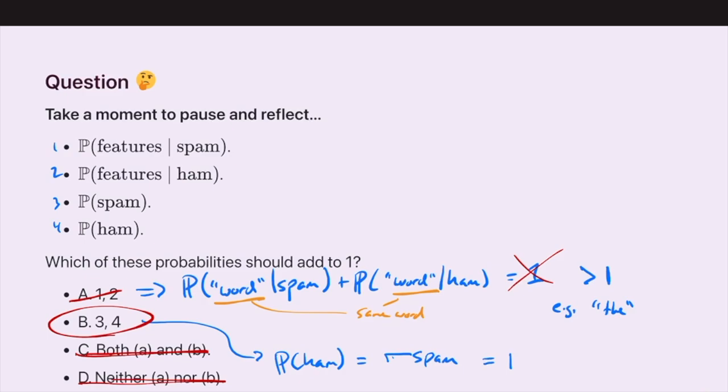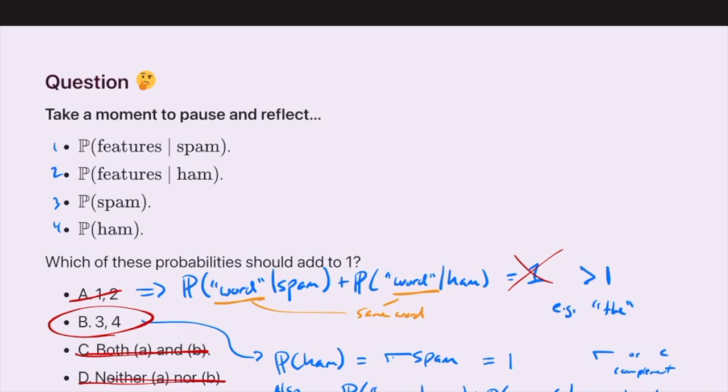And another way to think about it would be the probability of this arbitrary word given spam plus the probability of the arbitrary word's complement given spam.